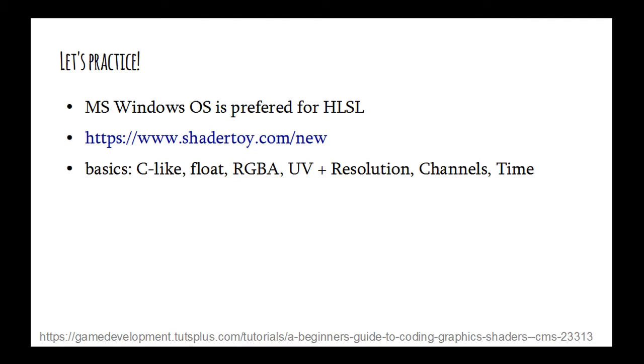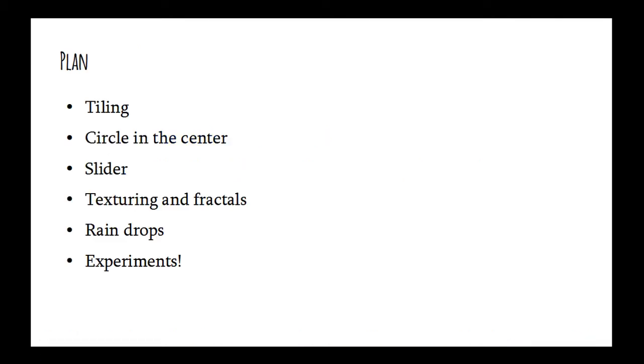Okay, we'll actually work with 32-bit colors like RGBA. We'll talk about some UV and resolution, maybe channel and timing. Okay, I suggest everyone run their own shader tray, and we'll start with styling.